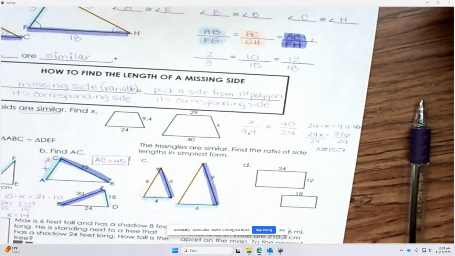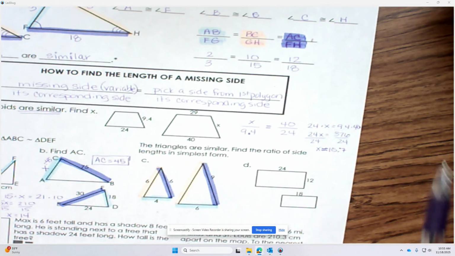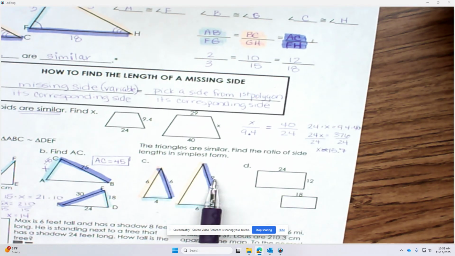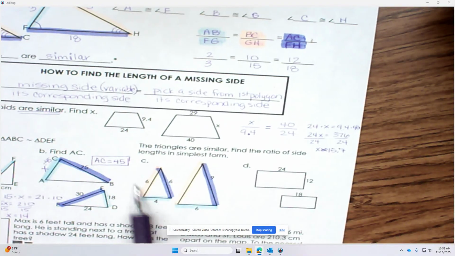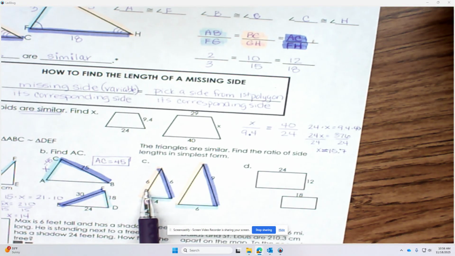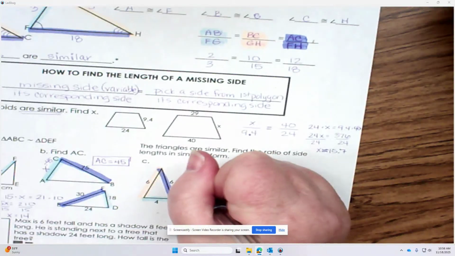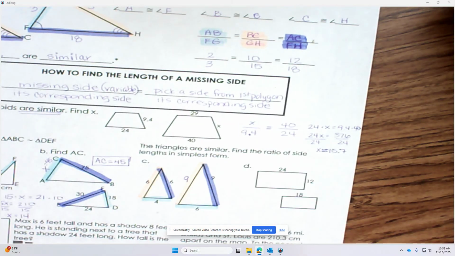Now I want you to think about this. If they're similar figures and their ratios are similar, then 6 goes with 9 means that this 6 also has to go with 9, because they can't make equal fractions if we've got 6 over 9 and then 6 over something else. By looking at this as an isosceles triangle, we know that its similar triangle is also going to be isosceles, which tells me this is 9.